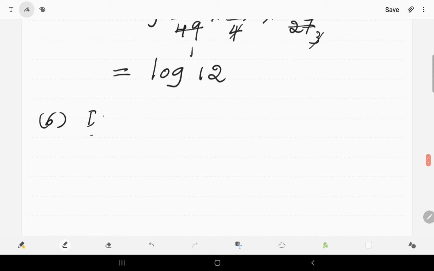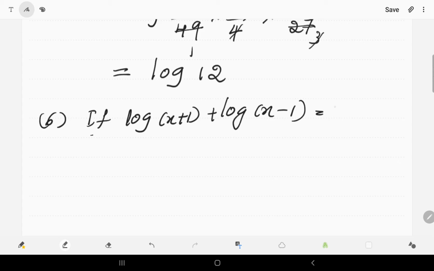If log of x plus 1 plus log of x minus 1 is equal to log 3, find x.